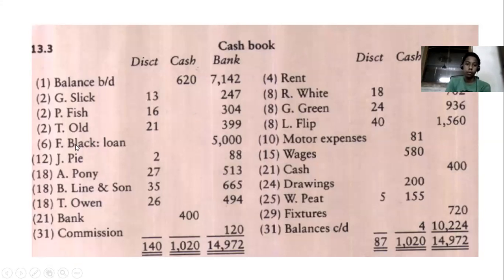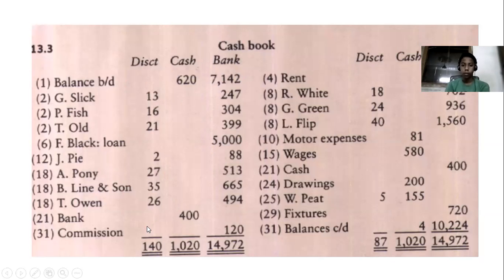And remember, whenever you receive a loan, you have to write loan in brackets. Because it is a check received, you will write in the bank column. If it is cash, you will write in the cash column. It's very simple. And you have to draw the columns here as well, and on the other side also. Is it clear to everyone?